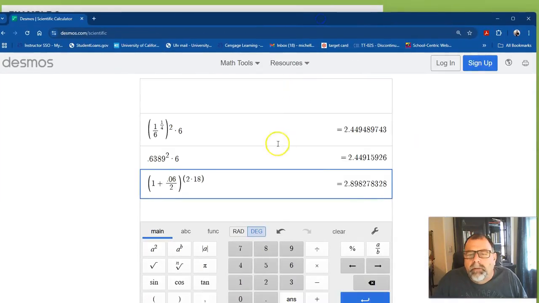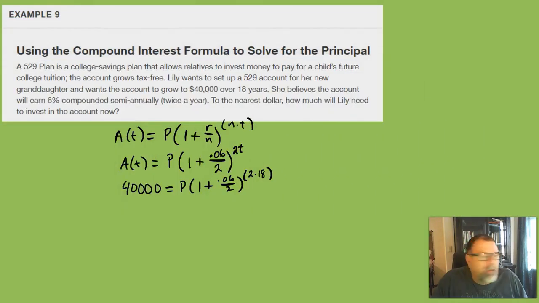So I'm just putting in 1 plus 0.06 over 2, to the 2 times 18. So it's 2.898. We'll just go out 3 places. That's this whole expression times P, and you can move the P to the back, no big deal.